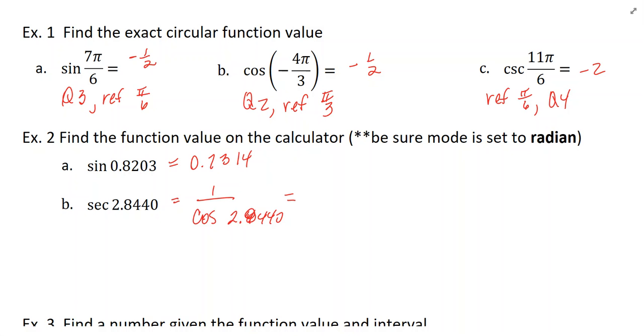Negative 1.0460? Yes. Did I round it right? Okay, I couldn't remember if I rounded it right. Now, think back, does that make sense? We know that 2.8 radians would put us approximately where? What quadrant would I be in at 2.8 radians?